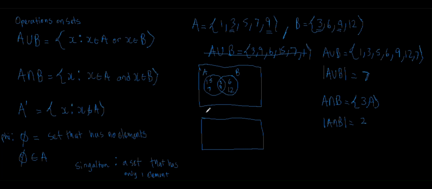So the union is represented generally, for two sets A and B, as everything in A and B. This is the symbol for union, and the intersection is represented as follows. Remember, a Venn diagram is a diagram used to represent sets.